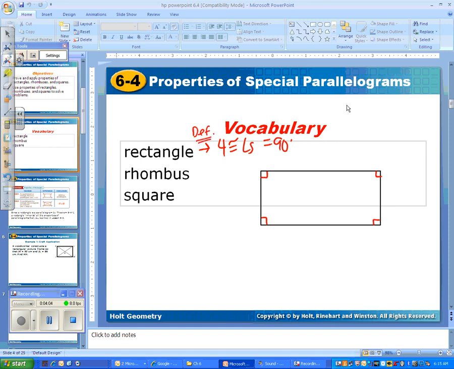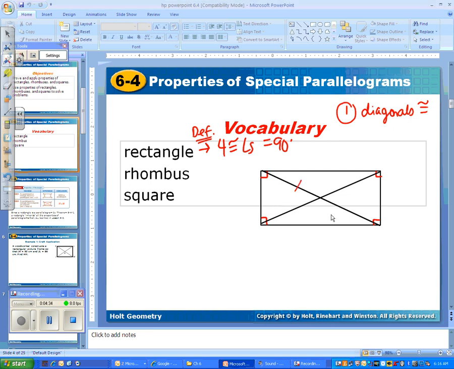There are 2 special properties about a rectangle. The first one is that the diagonals are congruent. So if you look at this diagonal, it's going to be congruent to this one. And remember, we said that it's a parallelogram, so the diagonals bisect each other.